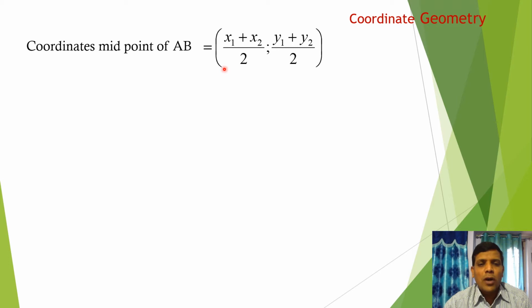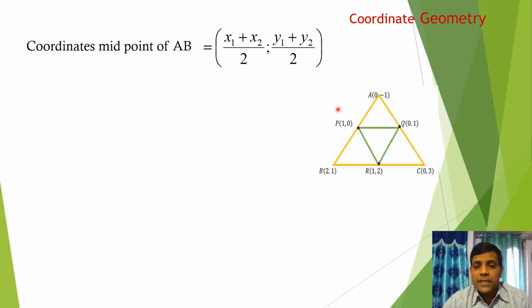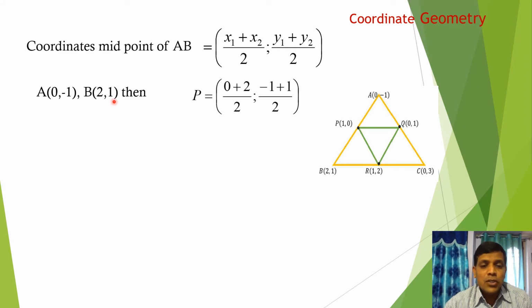So write down the coordinates of A and B. Look at the picture: A (0, -1), B (2, 1). Midpoint of AB equals P.